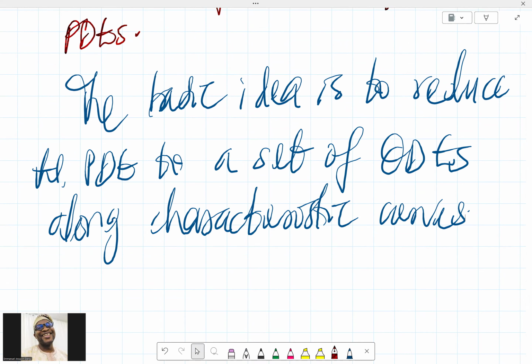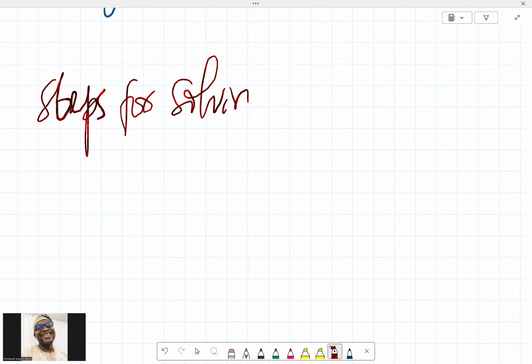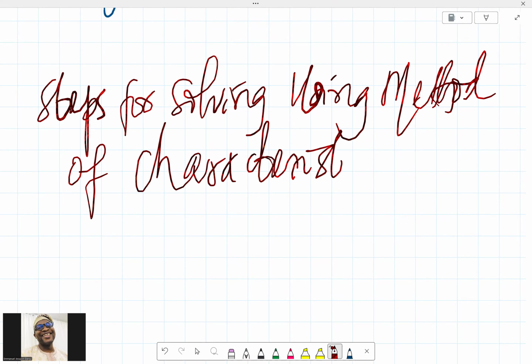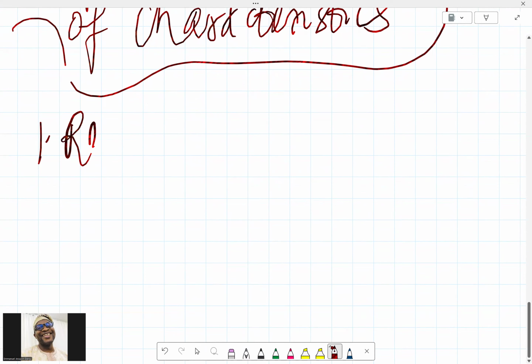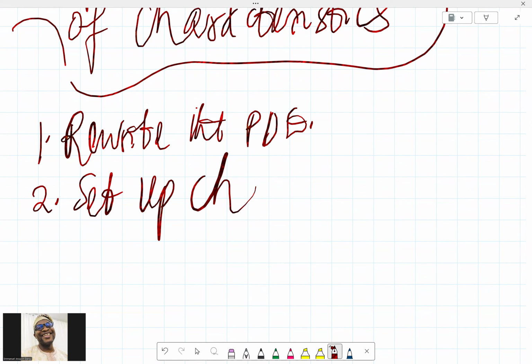So let's look at the steps for solving using the method of characteristics. First, you rewrite the PDE, expressing it in a form that can be interpreted as a system of ODEs. Number two, you set up the characteristic equations.